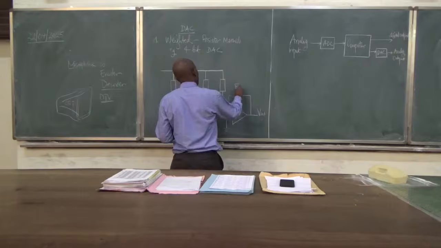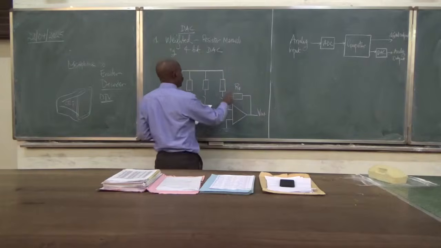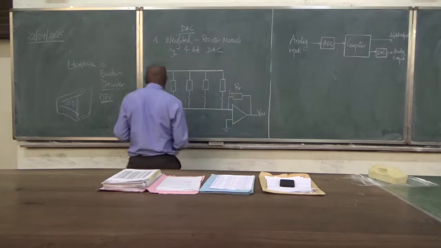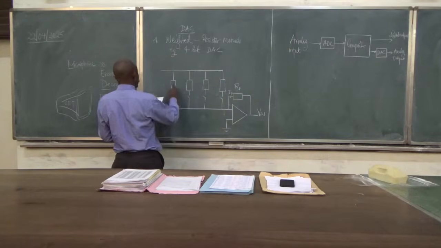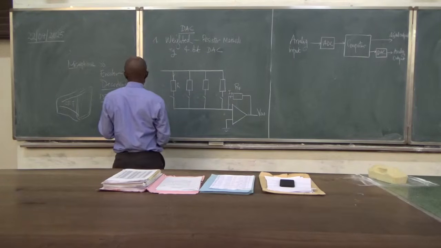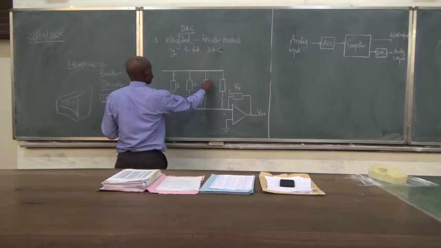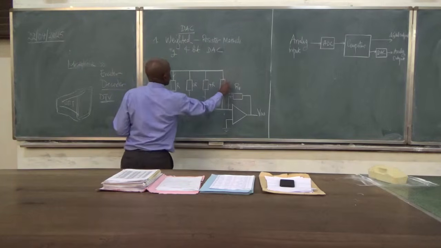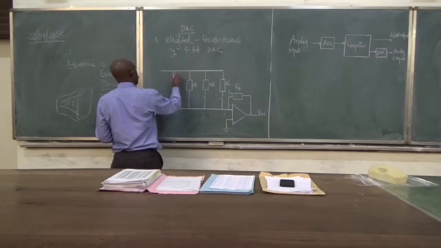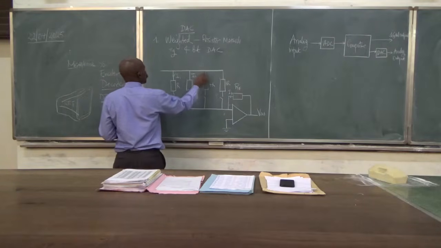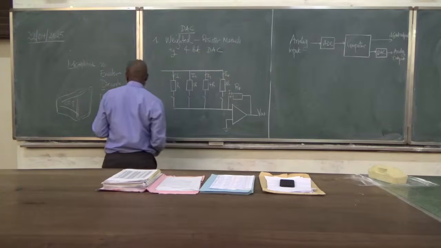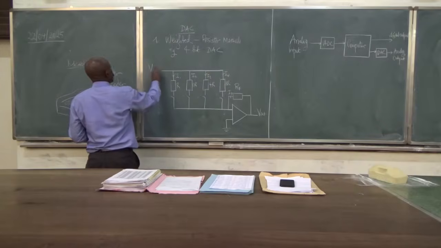This is the feedback resistor, the feedback current, and this is current I1. So R, then 2R, 4R, 8R. That's why we call them weighted. These are currents I1, I2, I3, I4. This is the reference voltage.